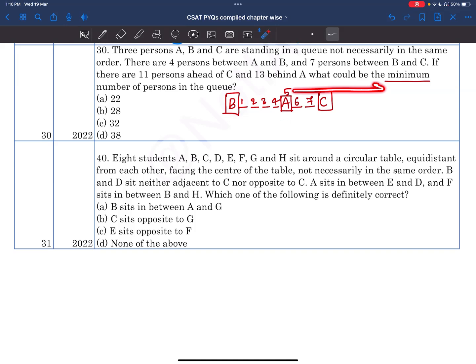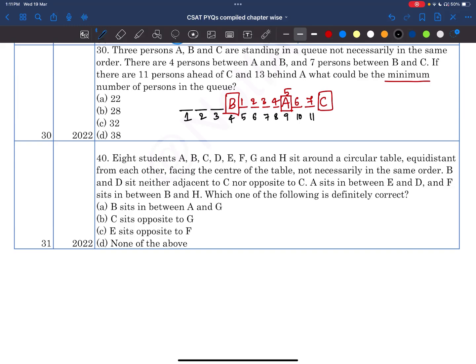This is behind A and this is ahead of C. Now see, already between C and B there are 7 persons, and 11 people ahead of C, right? That means 11, 10, 9, 8, 7, 6, 5, 4, 3, 2, and 1.